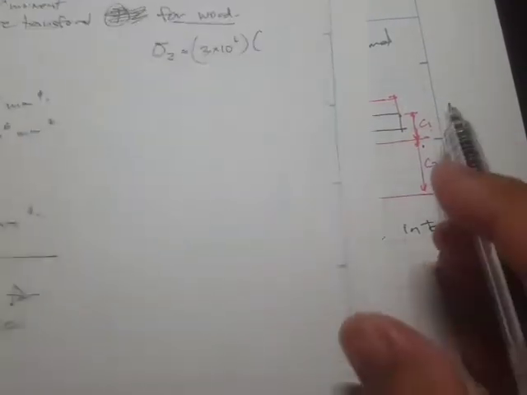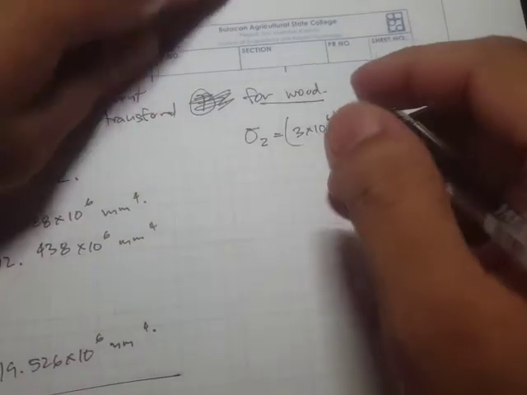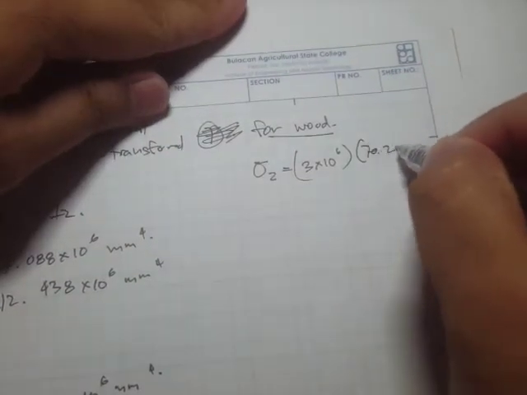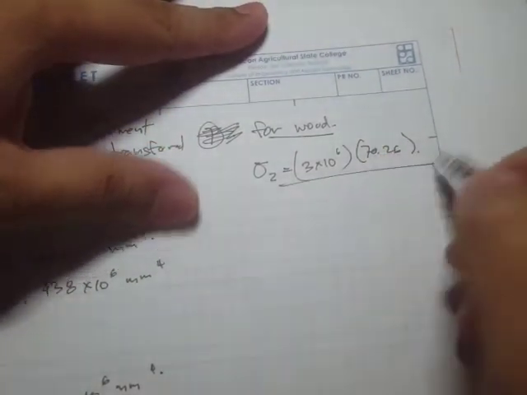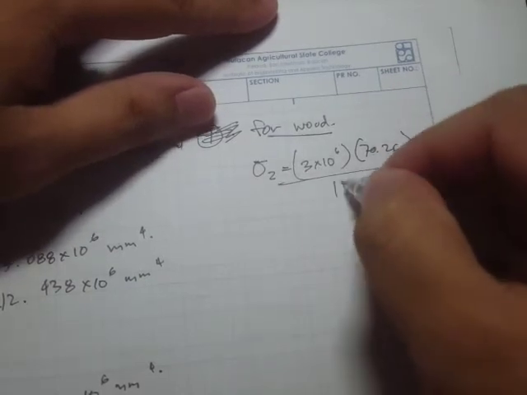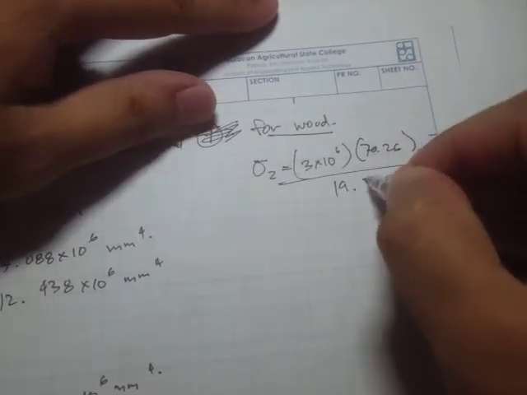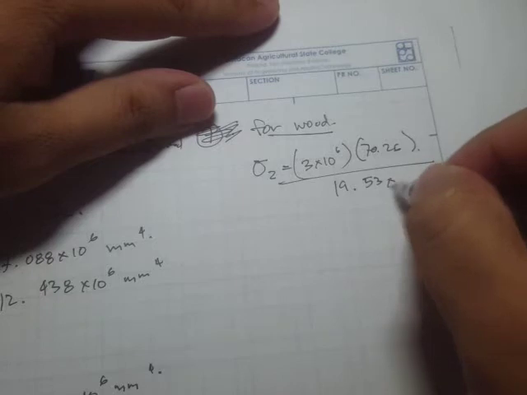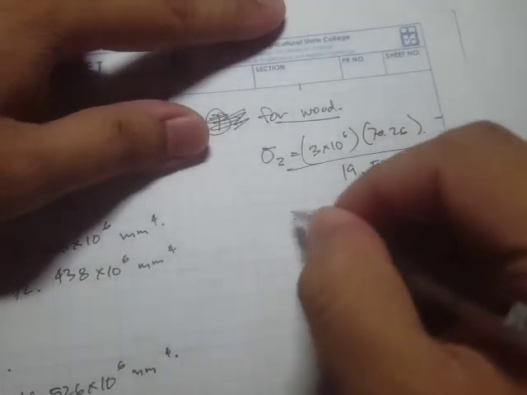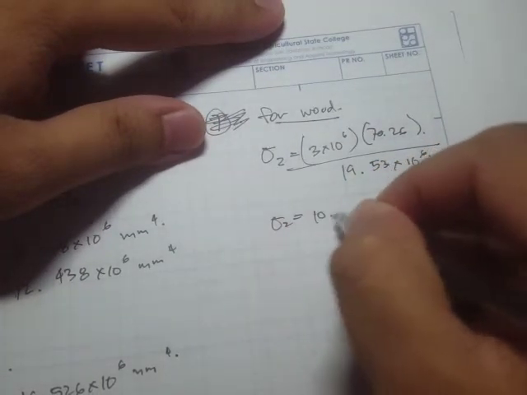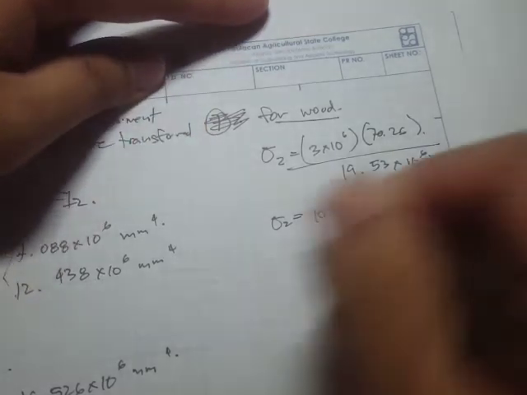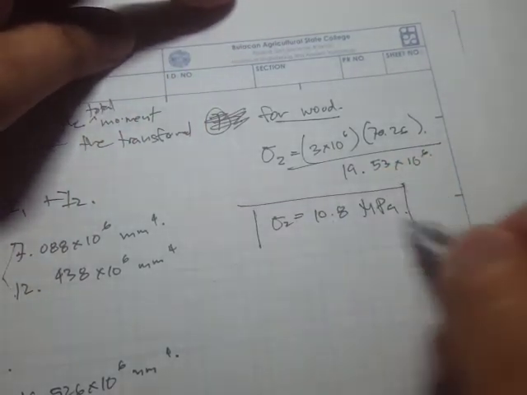Okay, so that's C sub 2, which is 70.26. So divide that by the total moment of inertia, 19.53 times 10 to the 6. And what you get here is 10.8 megapascal, which is just the same as the rec method.